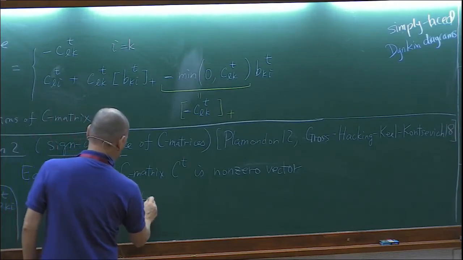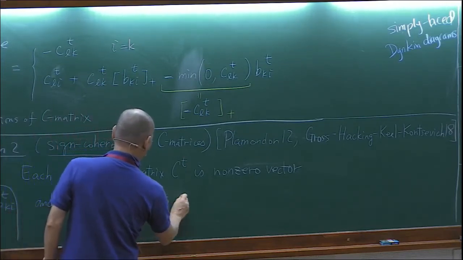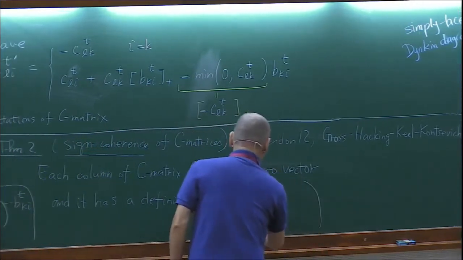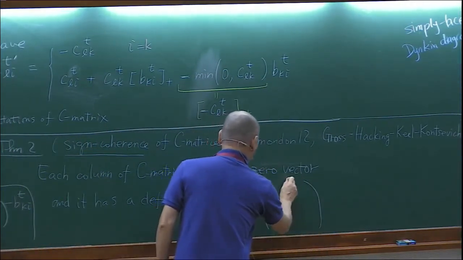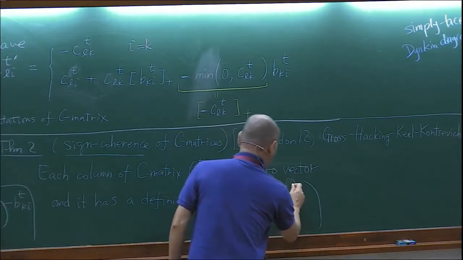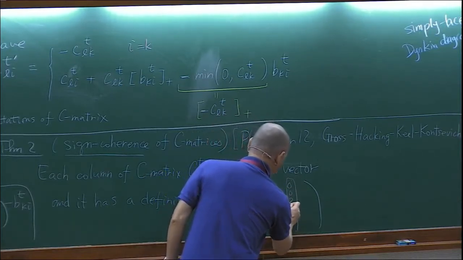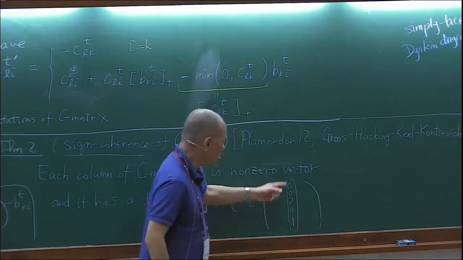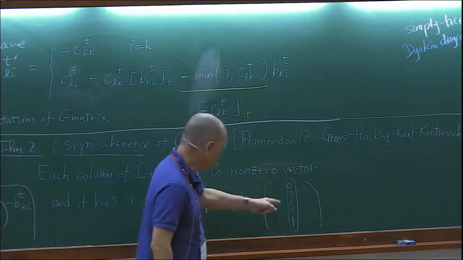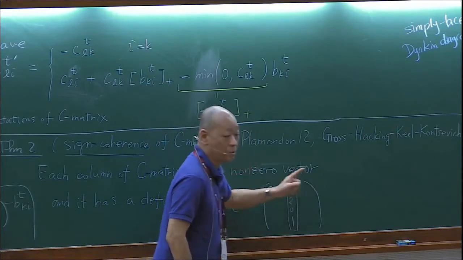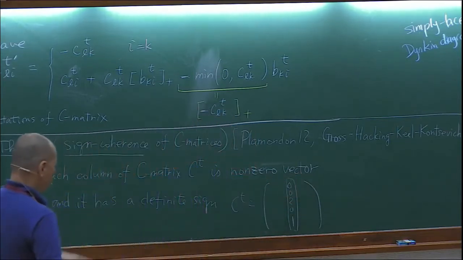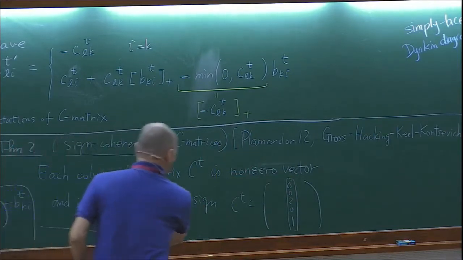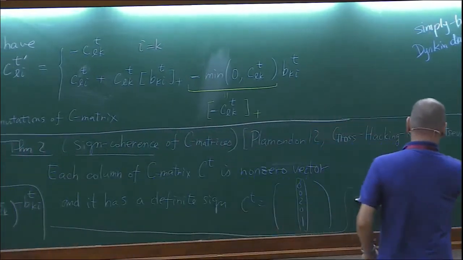I'll explain what this means. It means each C vector looks like something like 0, 0, 2, 0, 1. So there is no mixture of plus and minus. It might be that this one is plus and the other one might be minus. So this statement is quite a simple one.